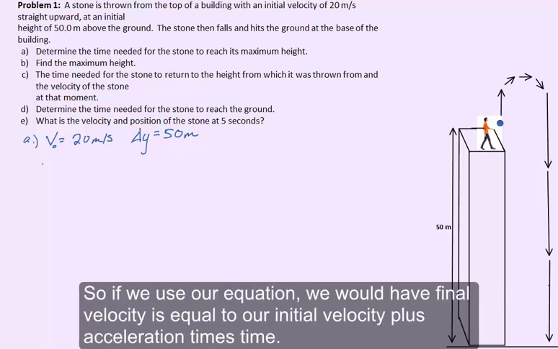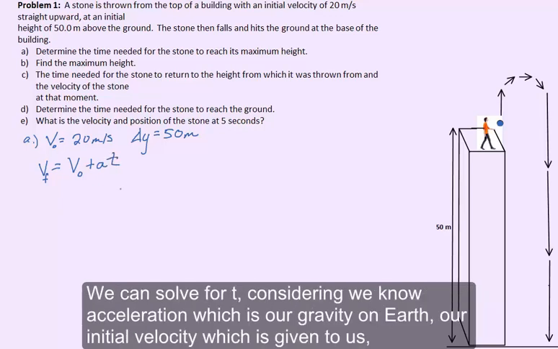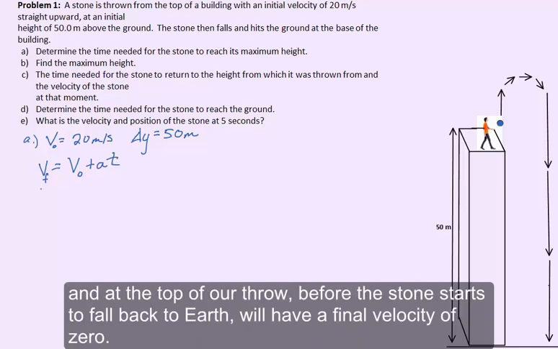If we use our equation where final velocity is equal to our initial velocity plus acceleration times time, we can solve for t, considering we know acceleration, which is our gravity on Earth, and our initial velocity, which is given to us. At the top of our throw, before the stone starts to fall back to Earth, we'll have a final velocity of 0.